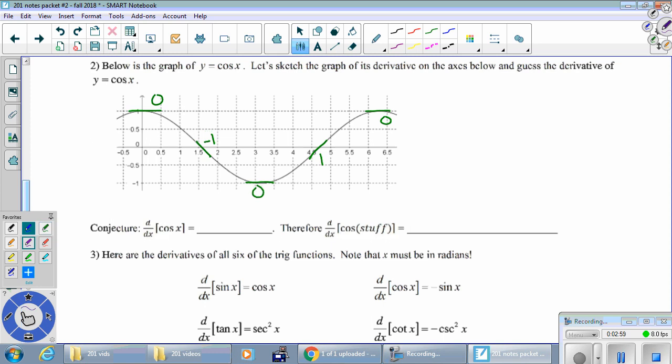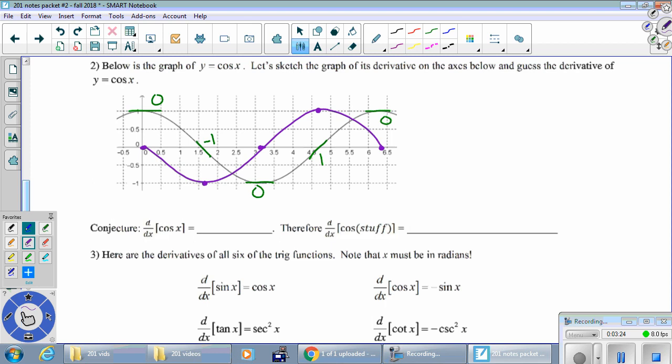The first one, x is 0 and the slope is 0, so that's the origin. The next one, x is pi over 2 and the slope is -1, so that would be down here. Next one is x equals pi and the slope is 0, so here. 3 pi over 2, a slope of 1. And then finally 2 pi, a slope of 0. And then we sketch the graph.